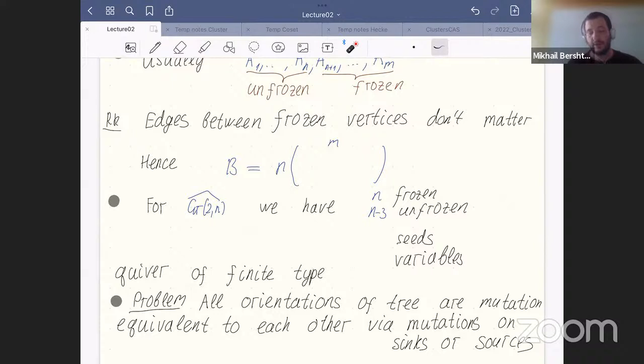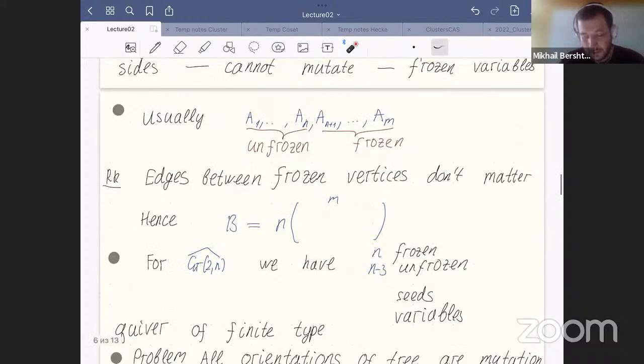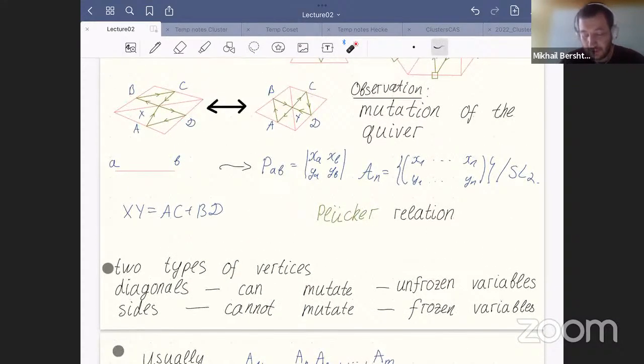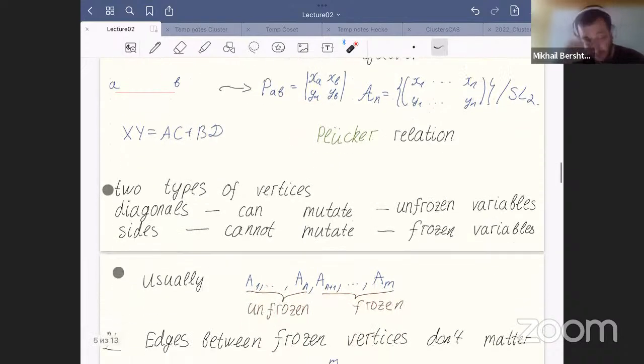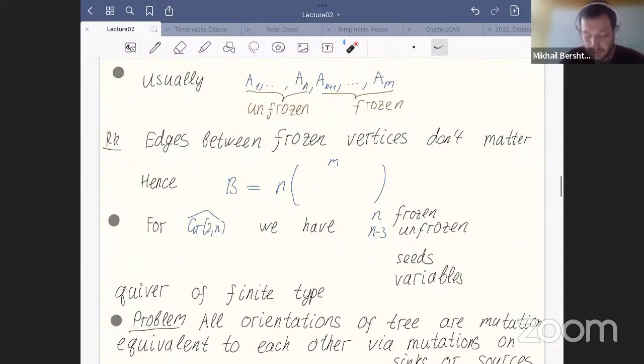This is the algebra of homogeneous functions on the Grassmannian. Another way to say it: functions on the space of matrices which are invariant with respect to multiplication by SL2, and this algebra is generated by the Plücker coordinates. Anyway, this was part of the previous lecture. I hope you can follow those notes. If not, ask me and I will give you more references.